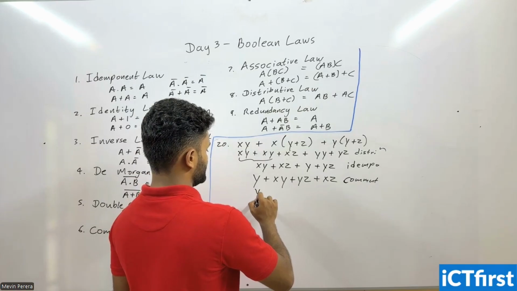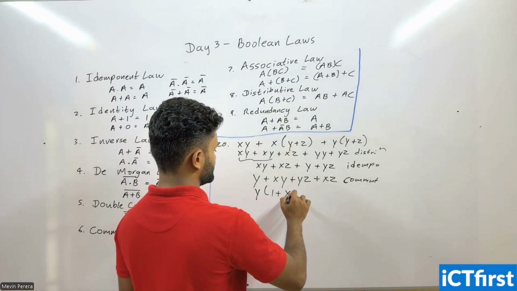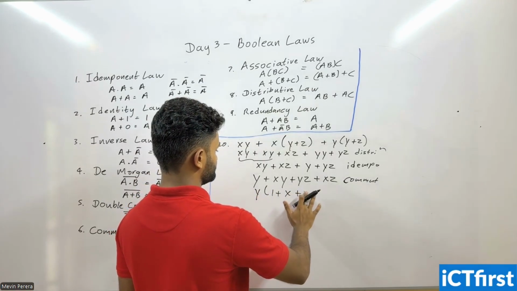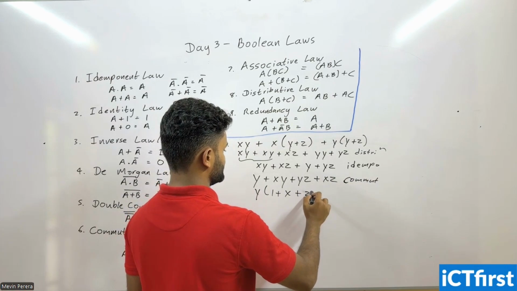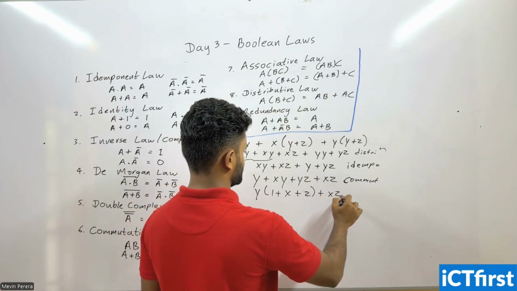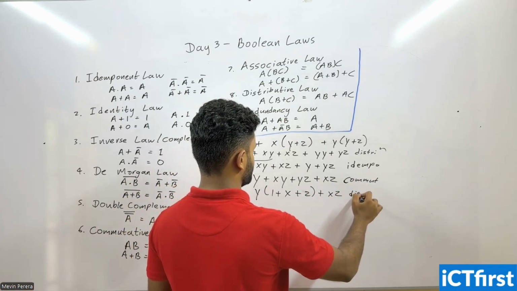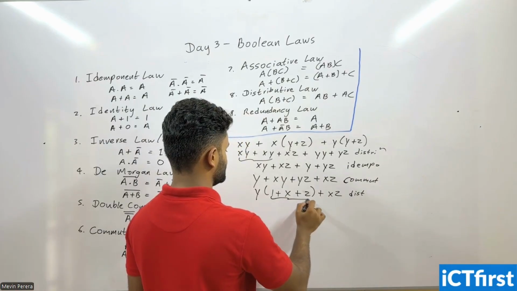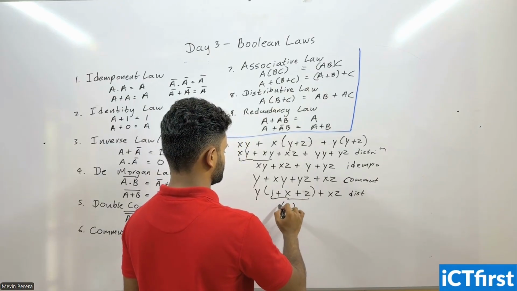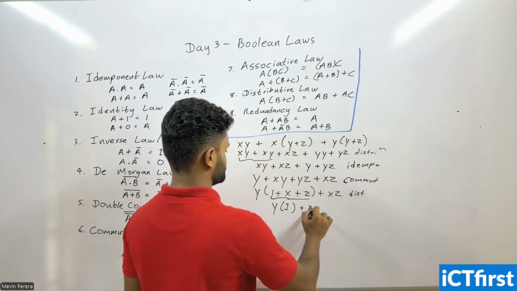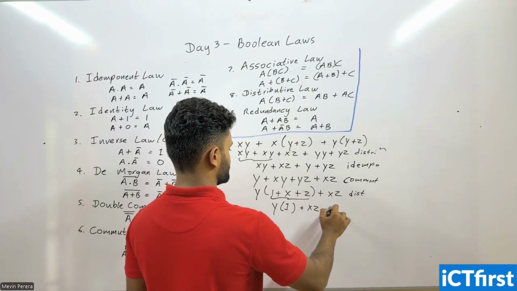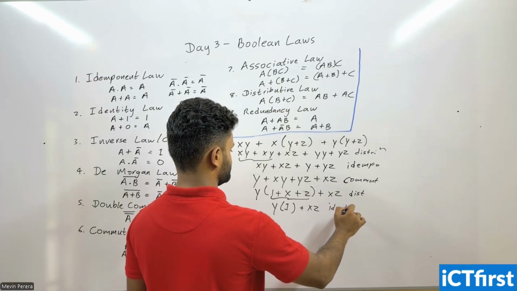Then I'm taking y outside, then that becomes z plus xy, xz. That is the distributive law. This is equal to 1, identity law.